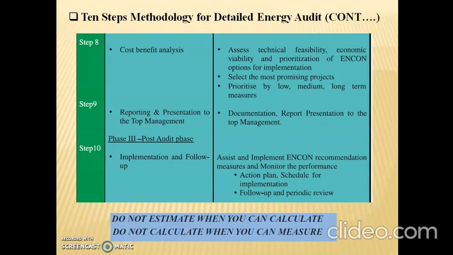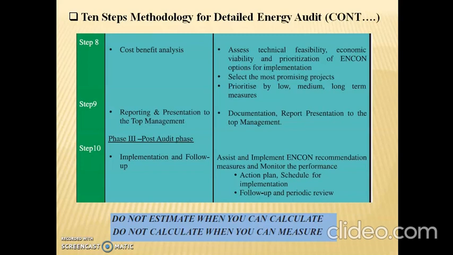It is the top management who will take a final call on which energy conservation recommendations they are going to implement and which not. Of course, the decision is mainly based on two factors: technical feasibility and economic viability.